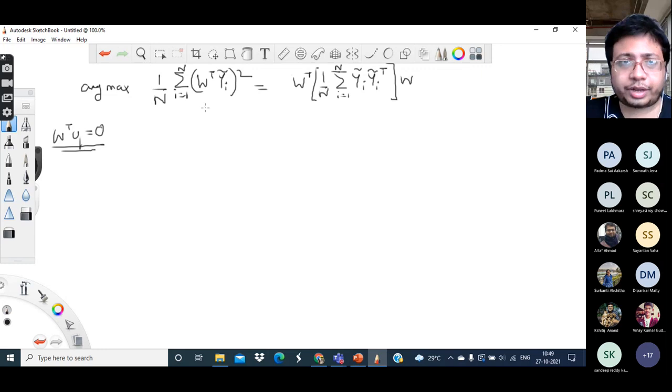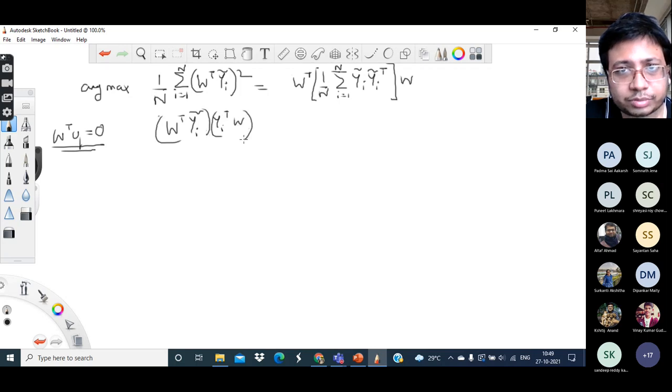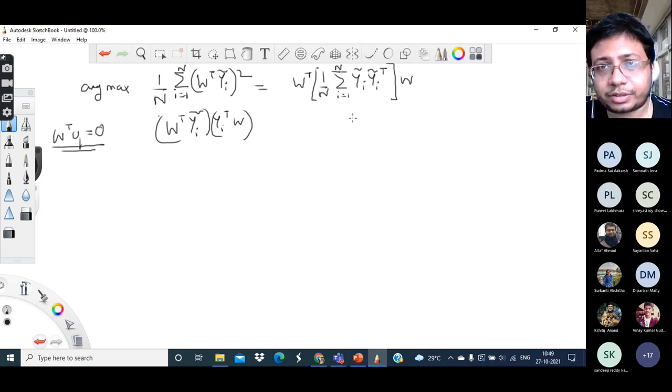I can write it in this way because W transpose yi tilde is equal to yi tilde transpose W. These two are the same thing. So accordingly, I can just take the W's out and write it in this way.